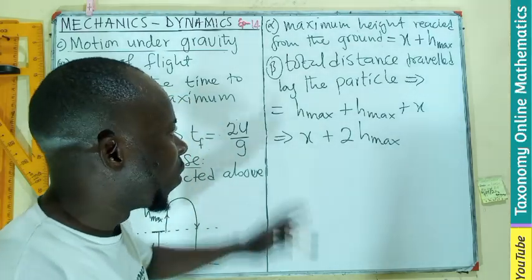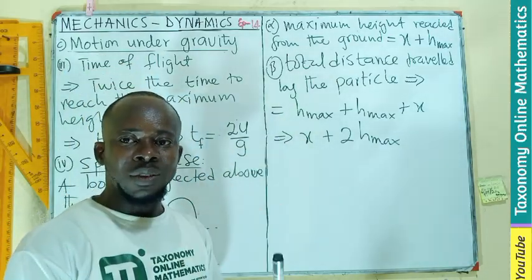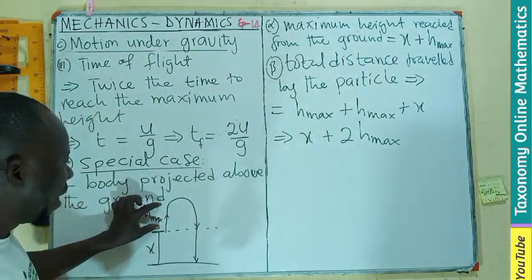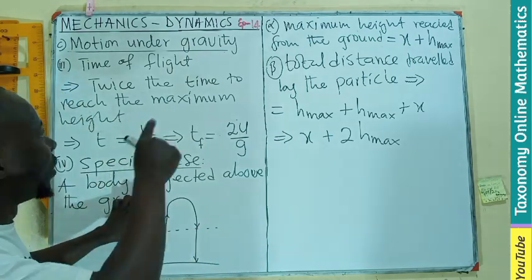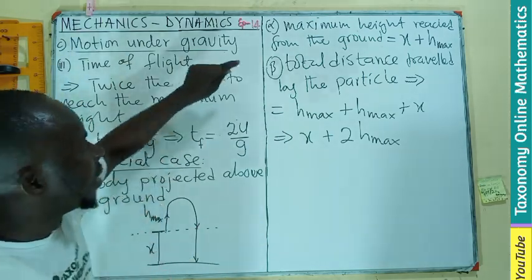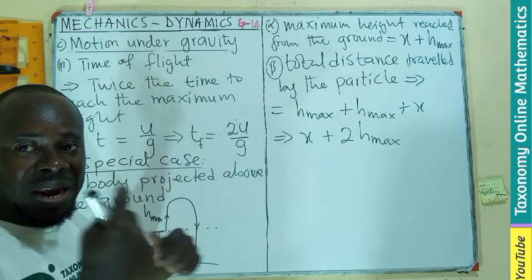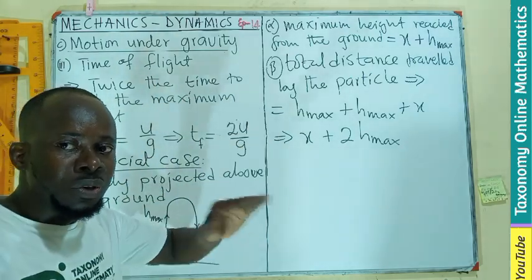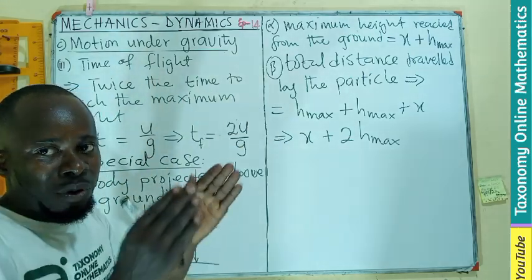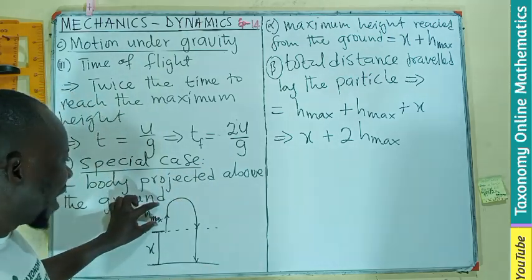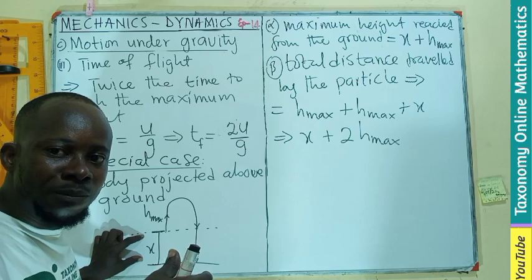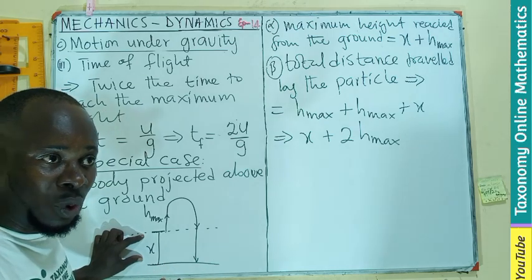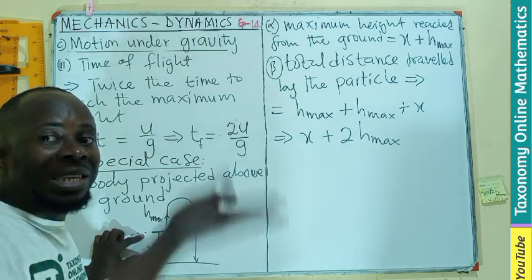All these things will only make sense for you if you are able to calculate the maximum height reached from which of the scenarios. I think scenario number 2: find the maximum height using equation 2 or equation 3. If you know that answer, times 2, plus the distance of the obstacle, wherever the body is being projected from.